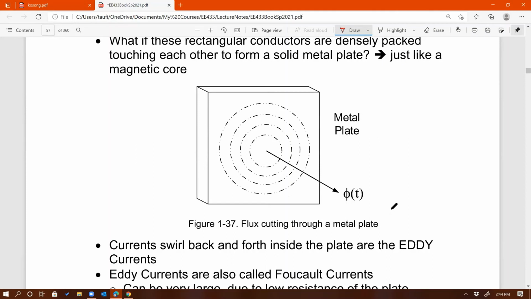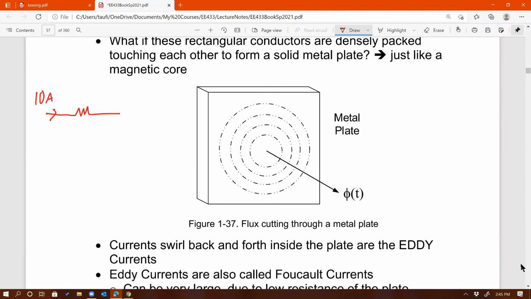So then how do you reduce eddy current loss? Just like you would for current. The analogy for this would be this. If you have one wire, let's say I have 10 amps.